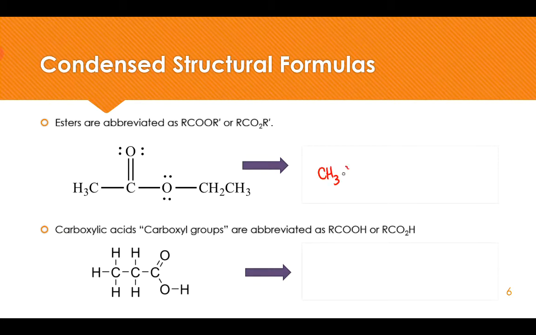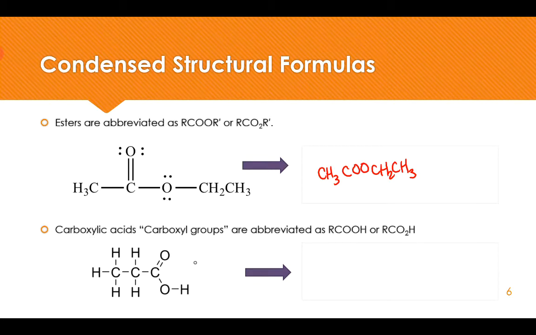Alternatively, instead of the C double bond O and then another O, you might see it written like this, with two O's in a row. This isn't normally as clear as that, but this is an acceptable way if you are trying to get it all in one line, like those text boxes on Mastering Chemistry.